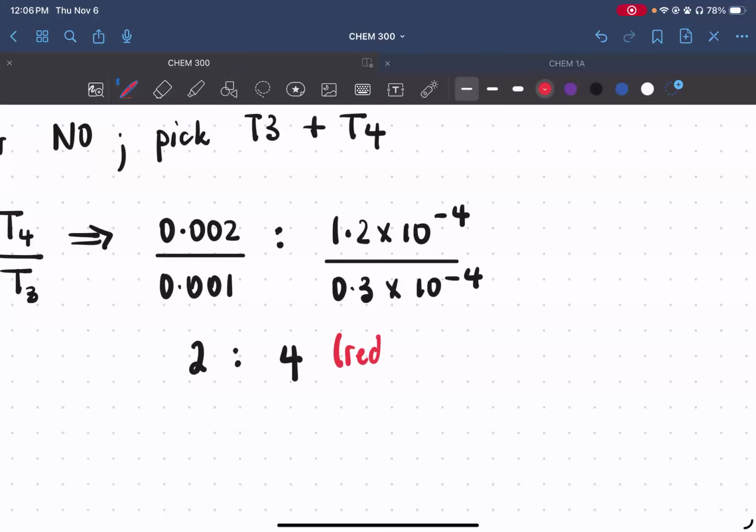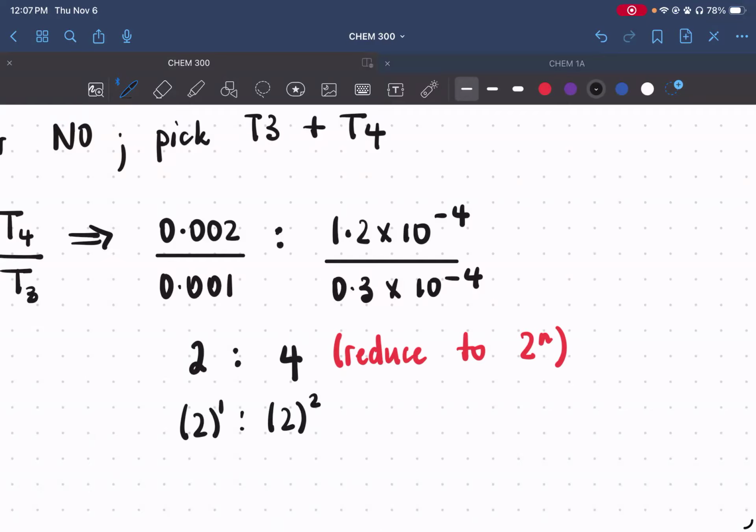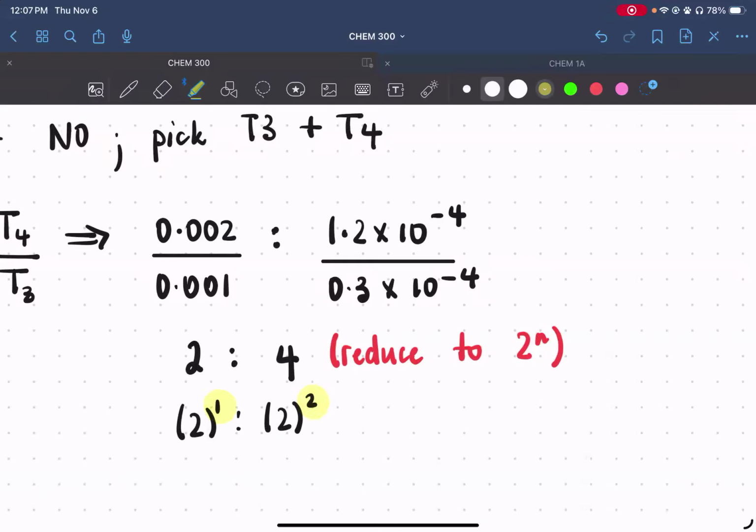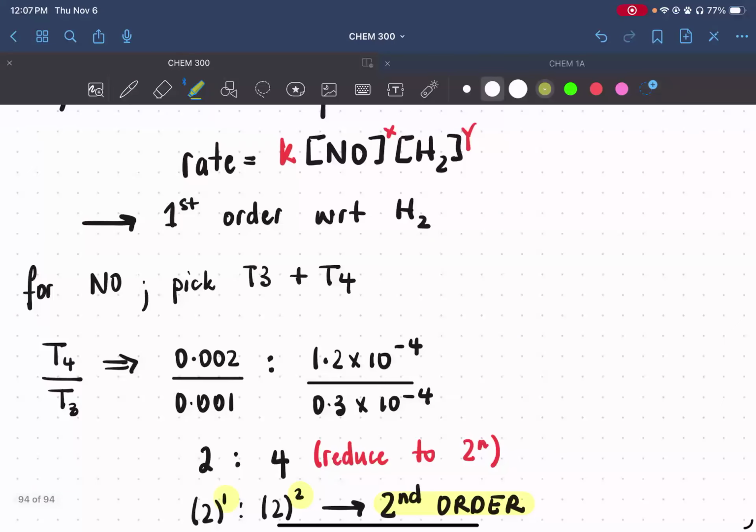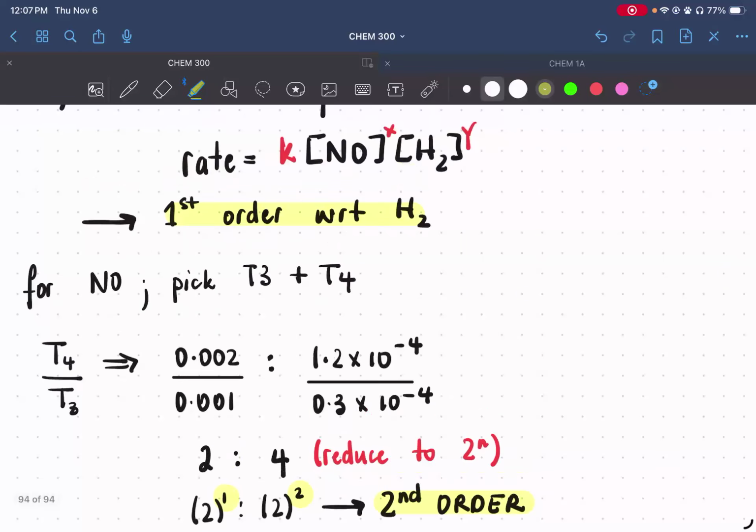After this, we try to reduce this to some 2 to the n. Based on these powers, this is what tells us this is a second order reaction with respect to the NO. If you were to describe this to someone else in conversation, what would you say?